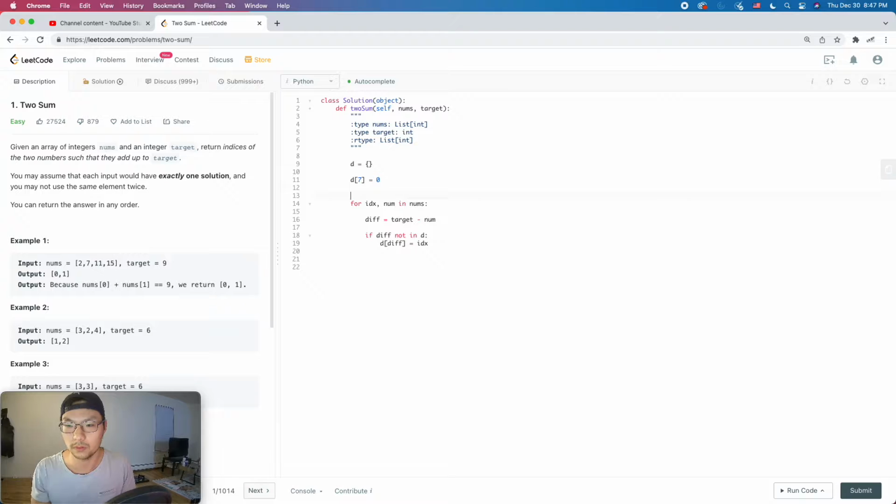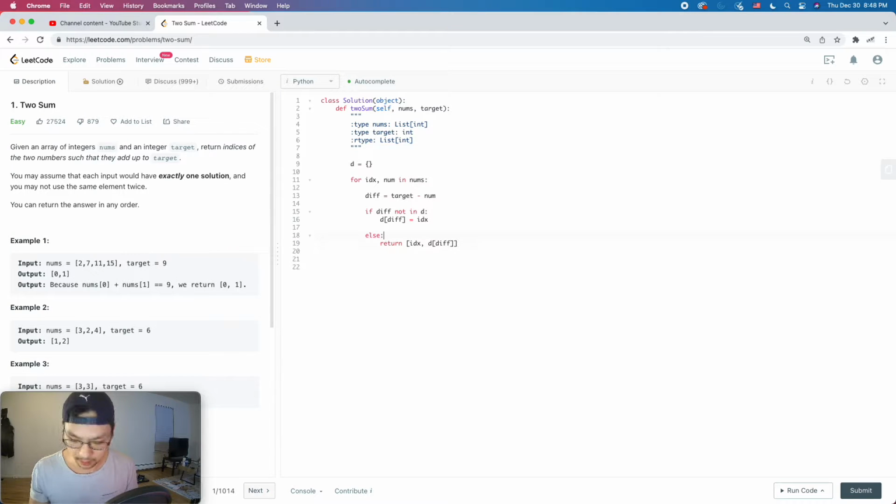And then the next one would be D of 2 equals 1. So how do you keep track of the target? In the else, if we find it, then we can pretty much return the index and the diff, something like that.